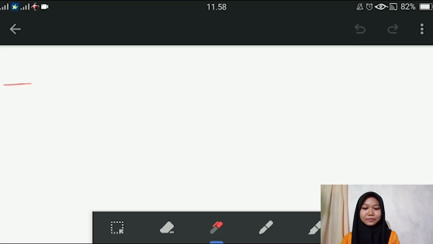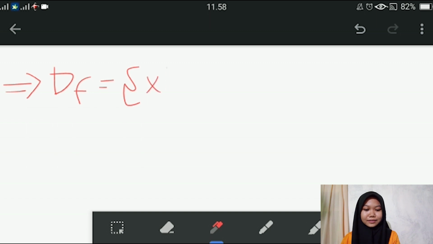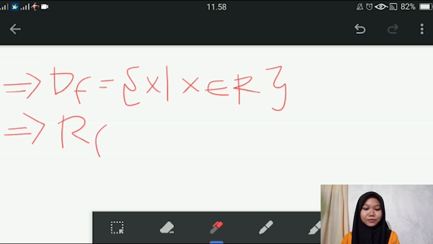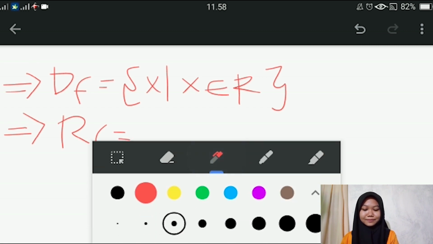The function we know is x squared minus 4x plus 3. For the domain, because x squared minus 4x plus 3 is not a root or fraction, it means that the domain is x, where x is a real number element. Well, for the range, we make the inverse.